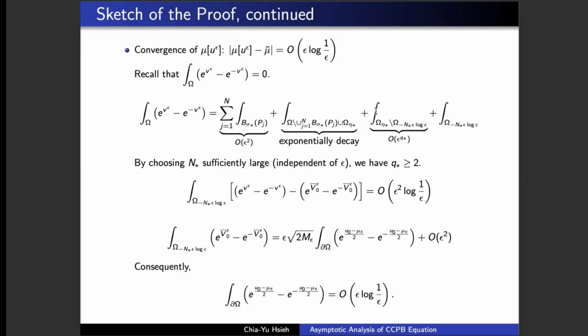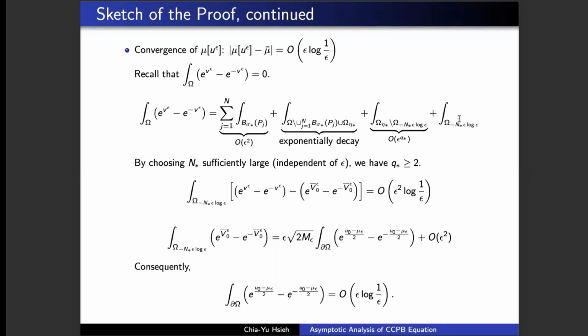If we use the approximation function in the first integral, it gives us an epsilon square order. Again, in the interior region, it has exponential decay. As for near the boundary, in the third integral, if we choose the constant n star sufficiently large, we can have a higher order of epsilon here.